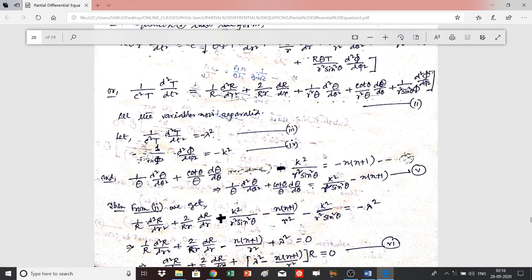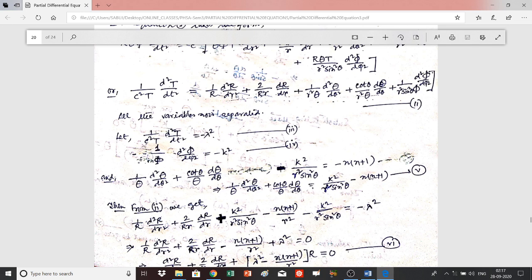And from equation number 2, just substitute these values in this expression. So you will have (1/R) d²R/dr² plus (2/r) dR/dr, plus, because you know the value, plus k²/(r² sin²θ) minus n(n+1)/r² and minus another k²/(r² sin²θ) is equal to minus λ².